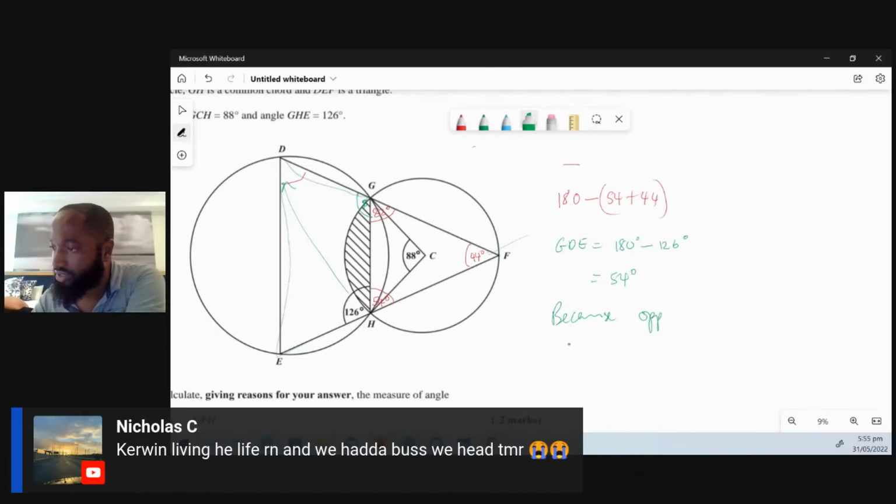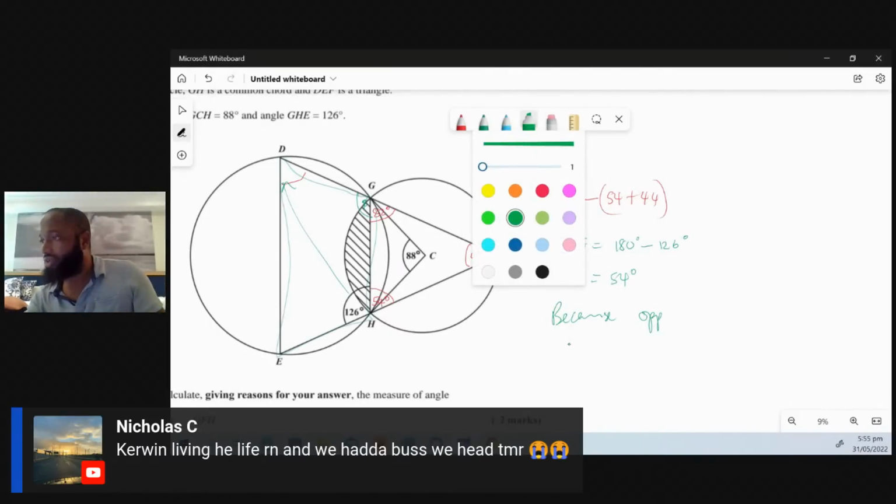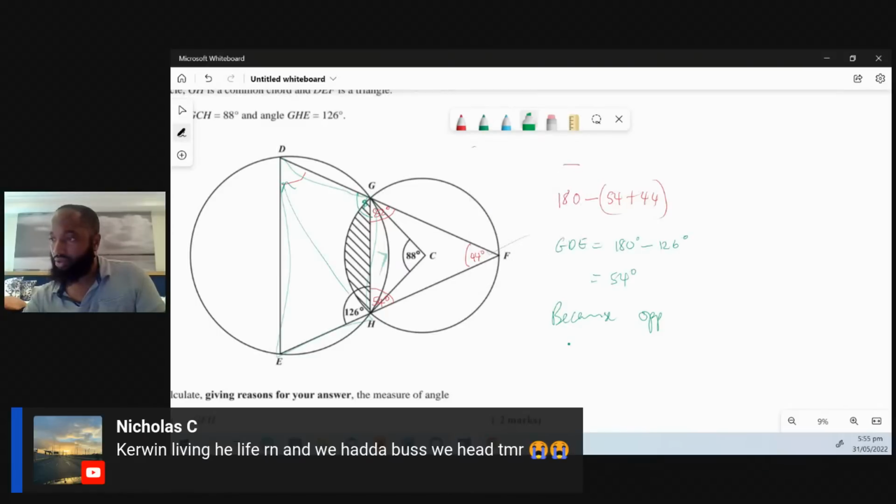This is what I'm watching here. Let me make you a little bigger. Let's see what I'm watching. This here. It's a cyclic quadrilateral. So this angle plus this angle over there must add up to 180. So that is why that is 54 degrees. I'm not writing out everything, right? So we already established that this one is 98.